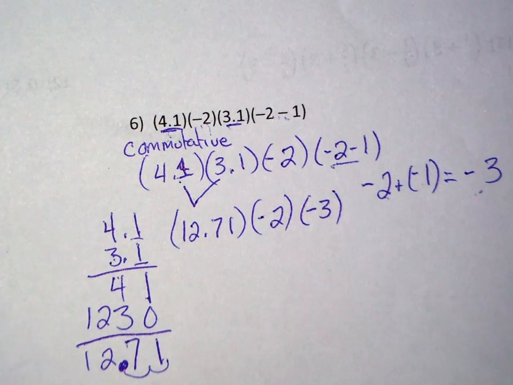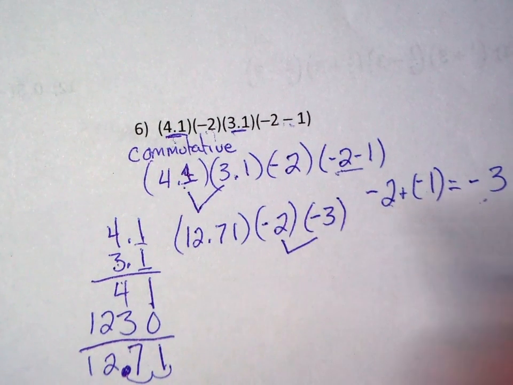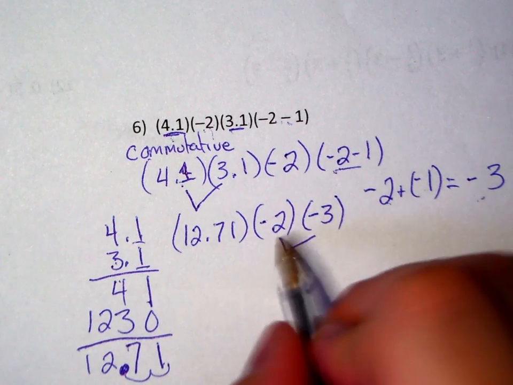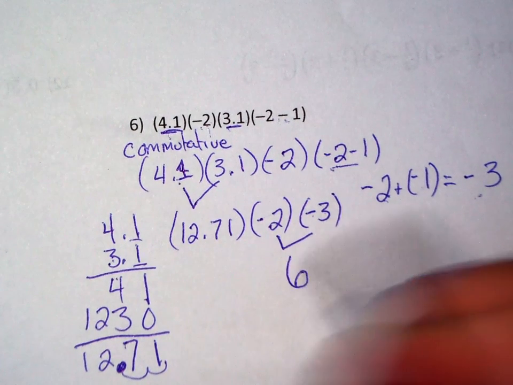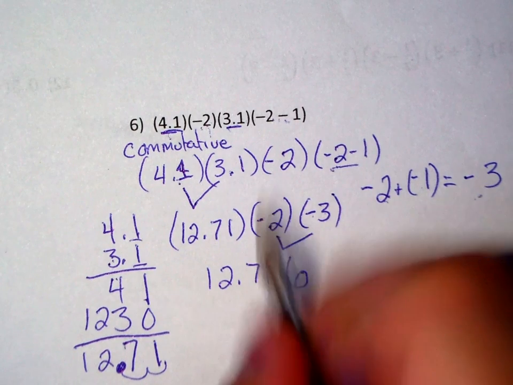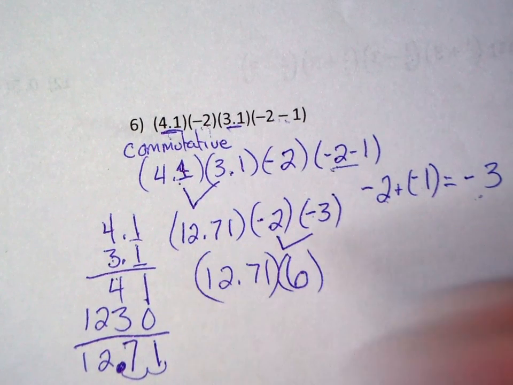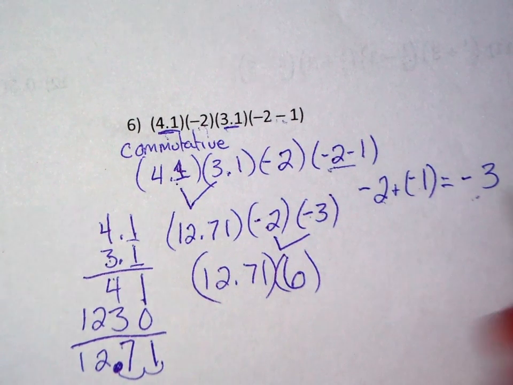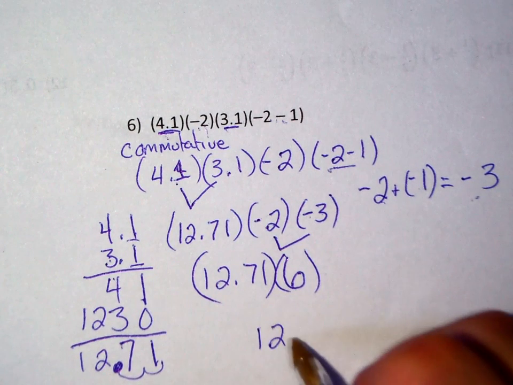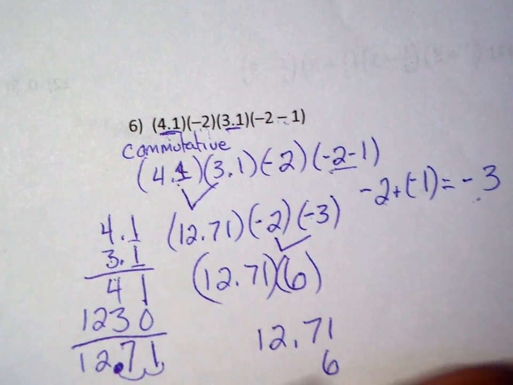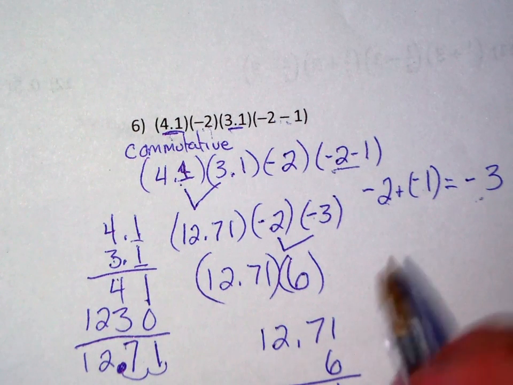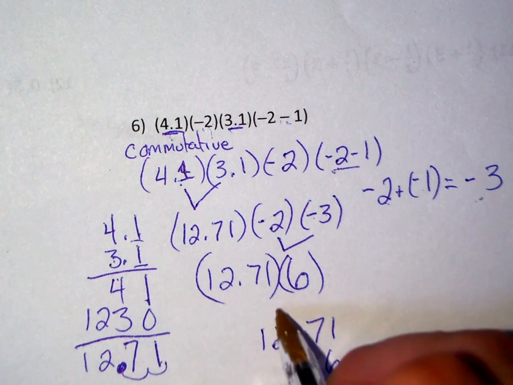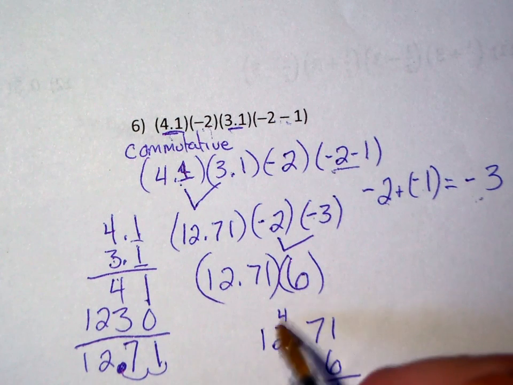And again, we're still dealing with just multiplication of 3 different terms. So I'm going to take the next two that are easiest, negative 2 times negative 3, and multiply them. 2 negatives when multiplied together are positive, and 2 times 3 is 6. So now I've gotten myself down to 2 terms, and these will be really easy to multiply. 12.71 times 6. 6 times 1 is 6. 6 times 7 is 42. 6 times 2 is 12.